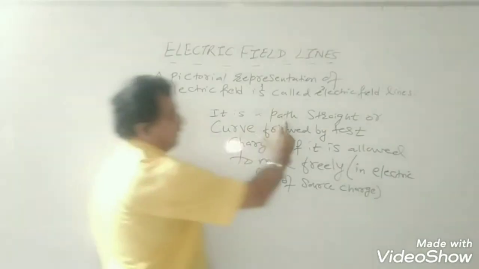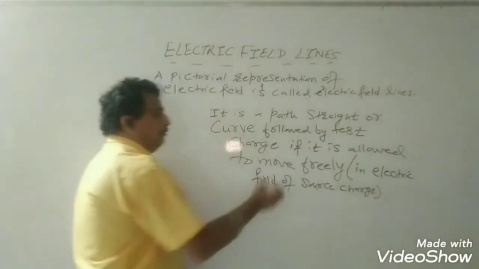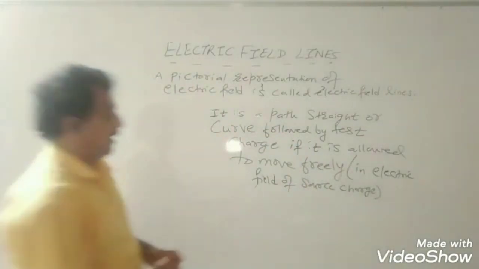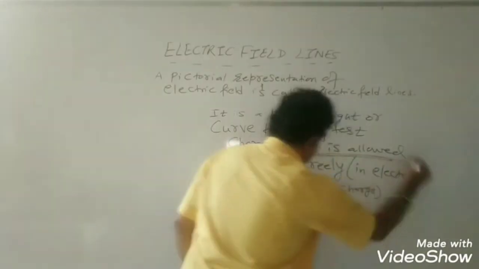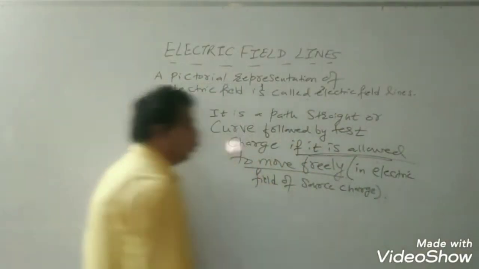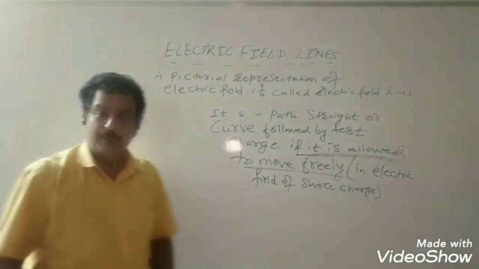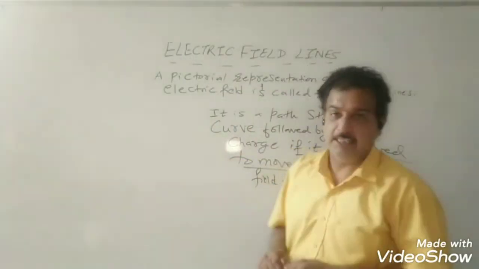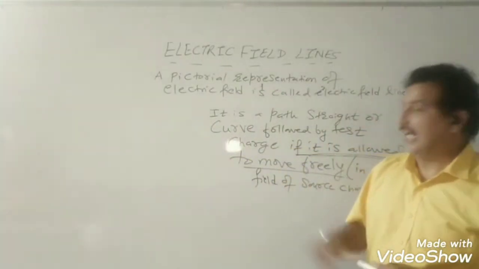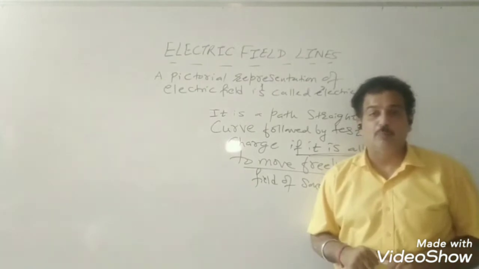it is a path, may be straight or curved, which will be followed by a test charge. Remember this, if it is allowed to move freely. It may be possible that in the second chapter we will not allow this test charge to move freely.